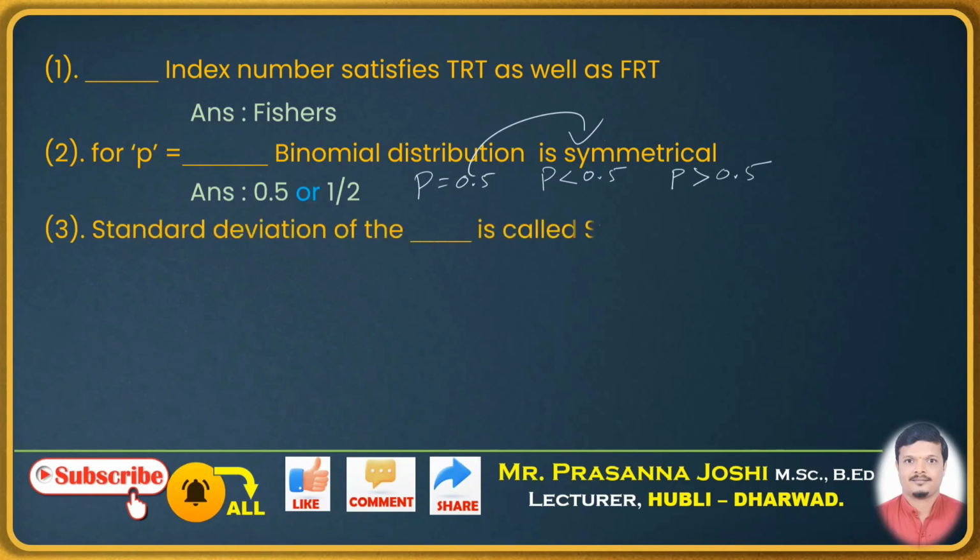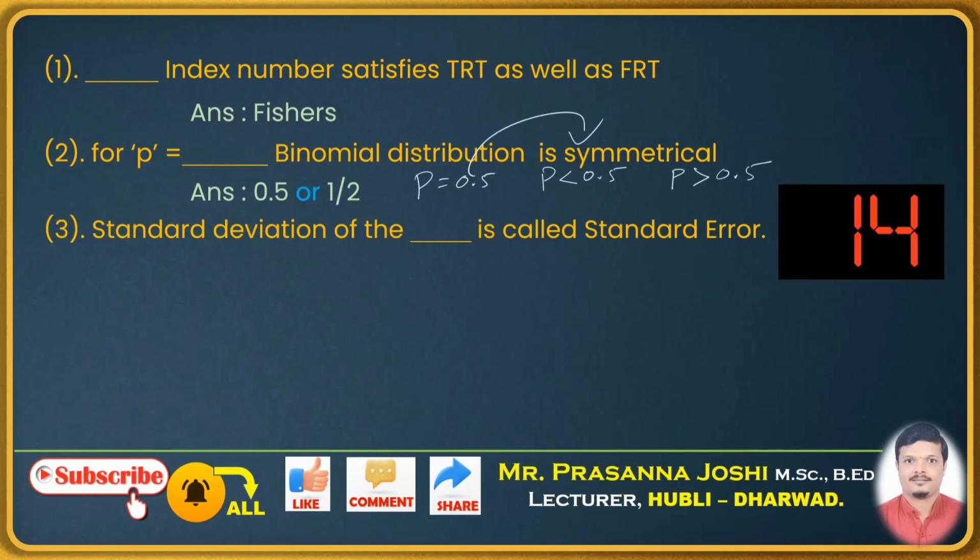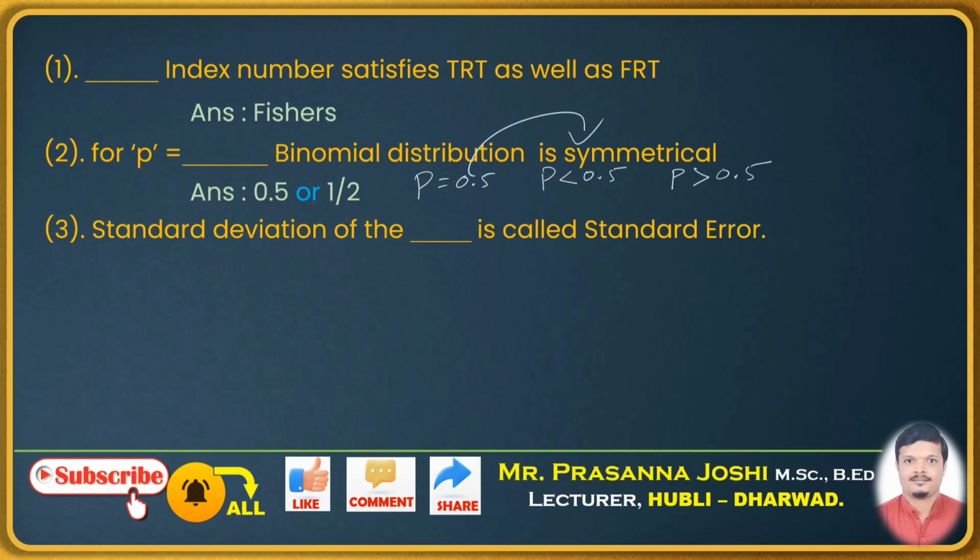Standard deviation of the dash is called as standard error. This is based on the standard error definition. You can recall standard deviation of the dash is called as standard error.